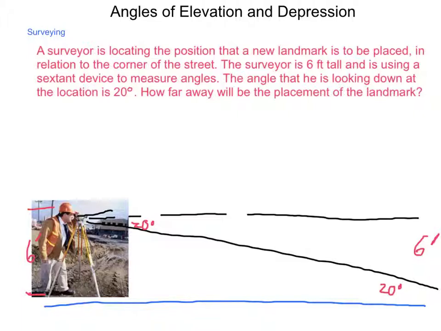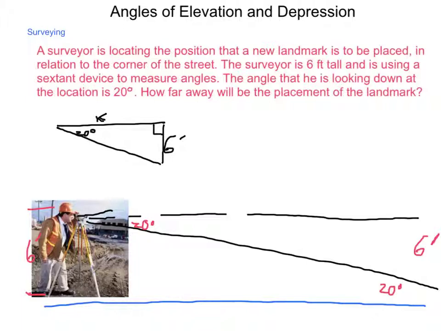Well, if we pull this diagram aside, what we have is this basic piece, right angle, 6 feet tall, 20 degrees, and an unknown distance to the landmark. So what we're looking at here is a situation that will use the tangent function, since we are looking at the opposite side and the adjacent side, or the opposite leg and adjacent leg.